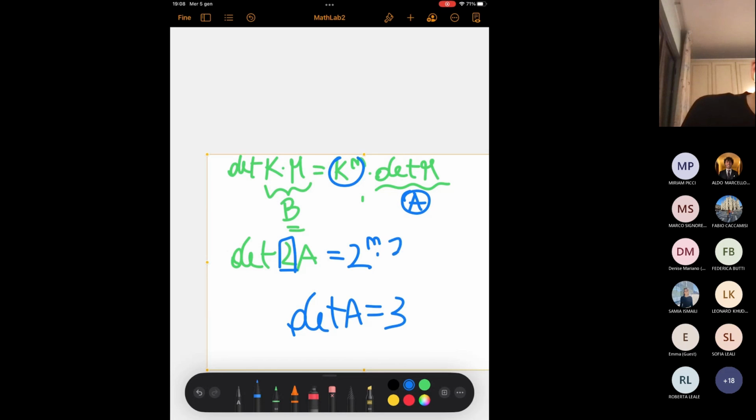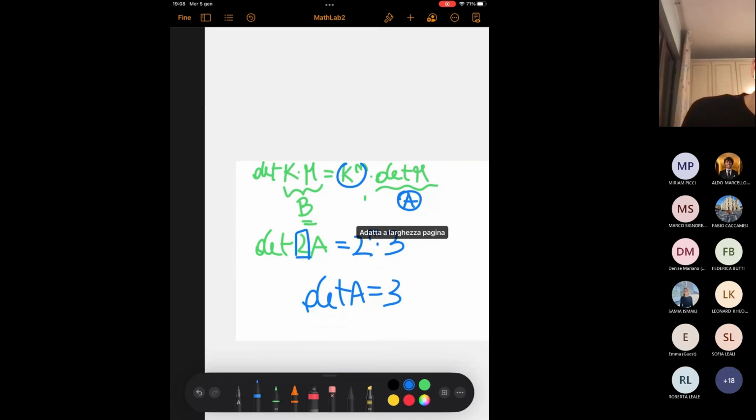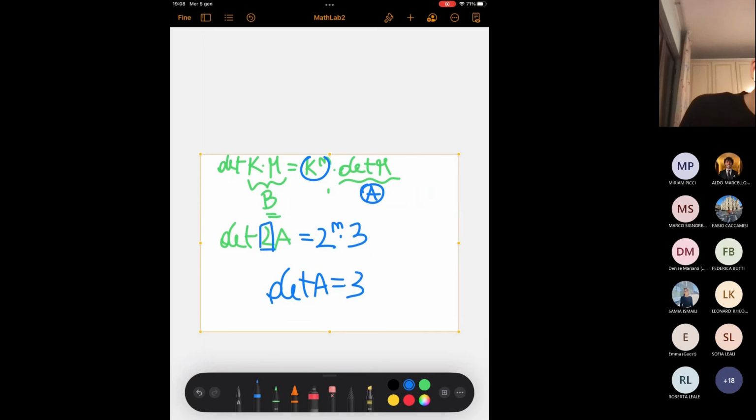So we just write 3 instead of the determinant of A in the general formula, and we understand that the determinant of 2A, which is the determinant of B, is 2^n times 3.